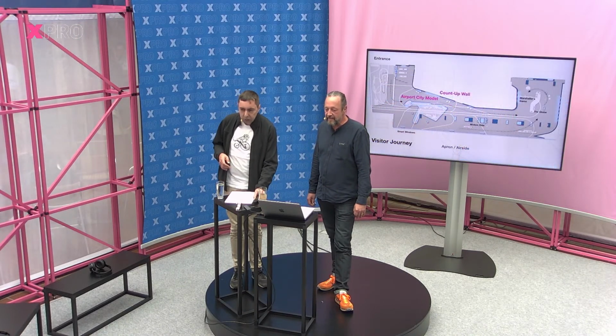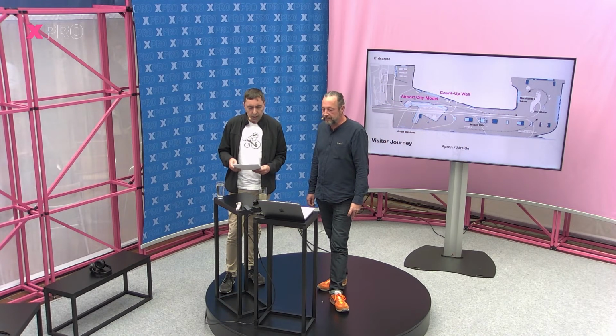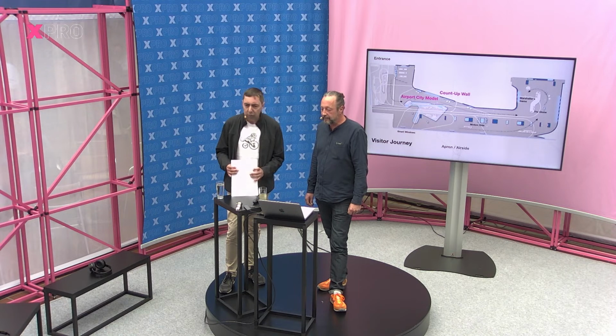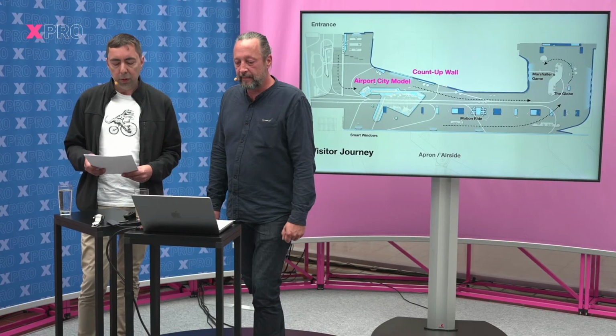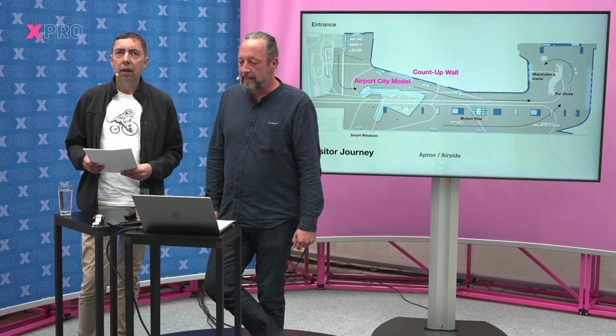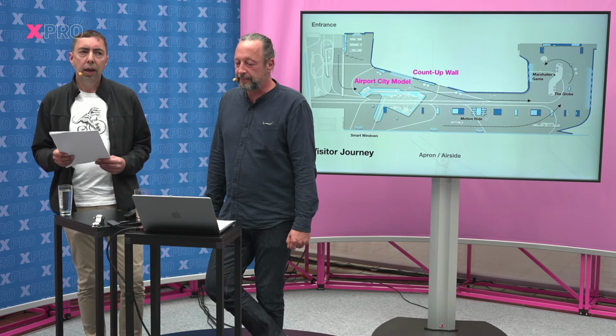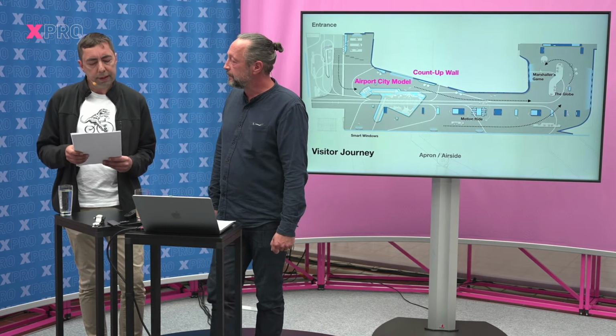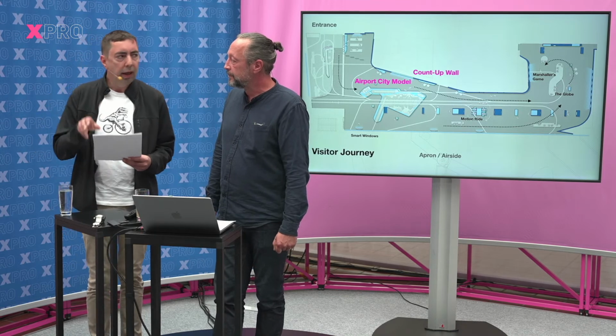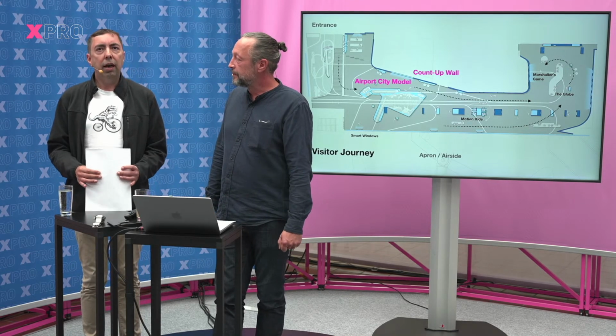So what I would like to do is to guide us through a small journey, the visitor journey, the actual visitor journey in the Visitor Center at Frankfurt Airport, and highlight 4 of the exhibits, which might be interesting to take a deeper look at.